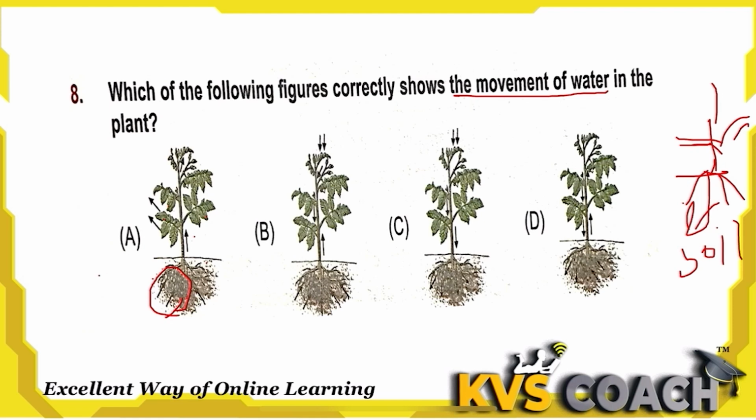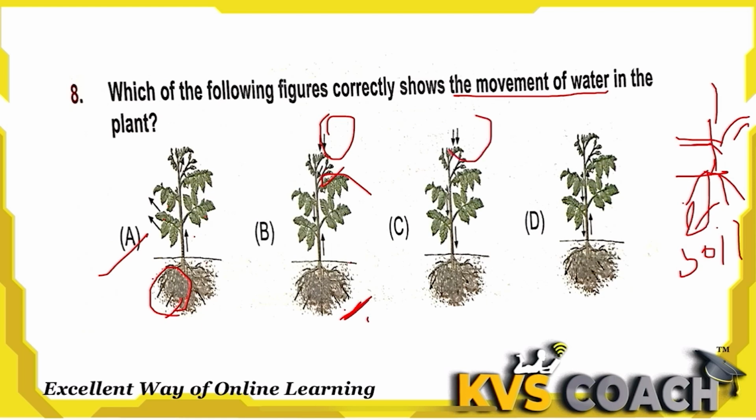So this may be the correct picture. Next picture shows water is absorbed by roots from the soil and transported to the stem. But here you can see the arrow. This arrow shows that water is also absorbed by the leaf. This is wrong. No. Water is only absorbed by the root from the soil.